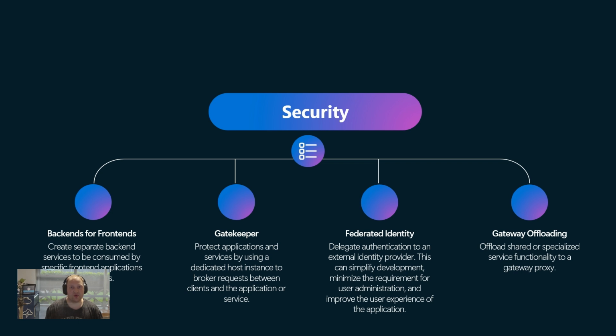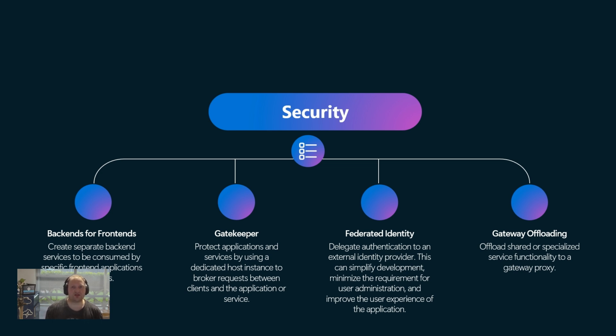Lastly, we'll discuss the gateway offloading pattern. This pattern involves offloading shared or specialized service functionality to a gateway proxy. Gateways can handle tasks such as authentication, rate limiting, logging, and SSL termination, thereby offloading these responsibilities from individual services.